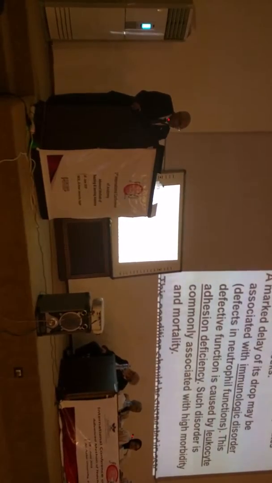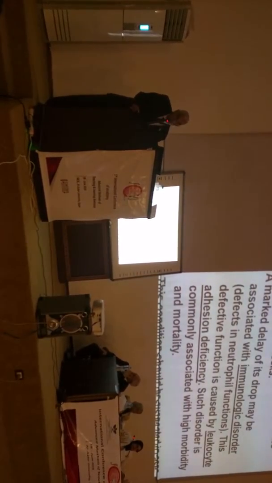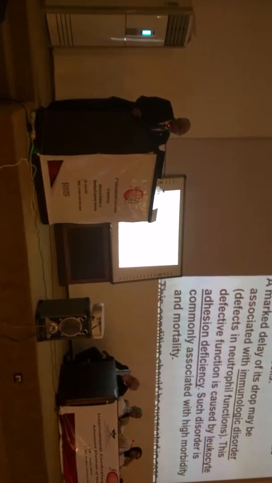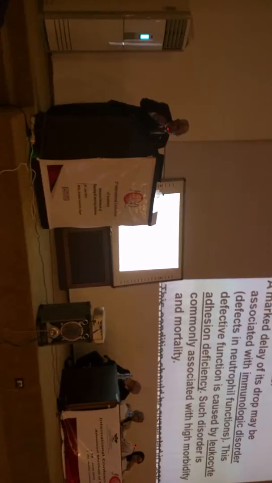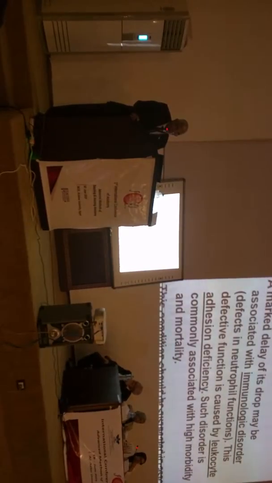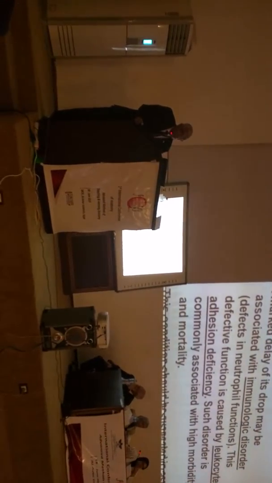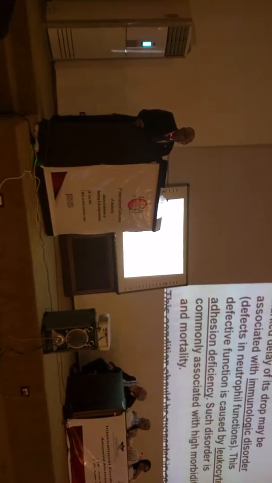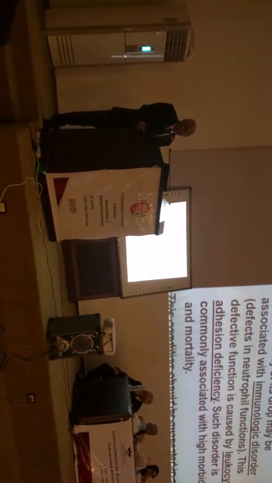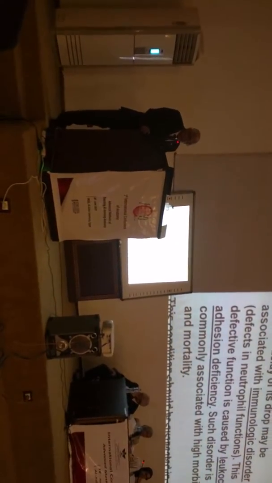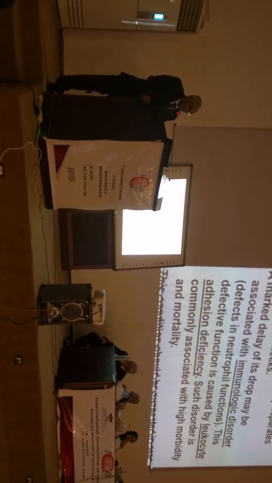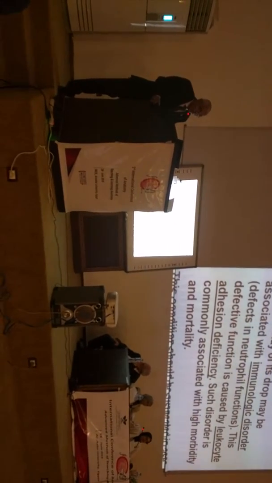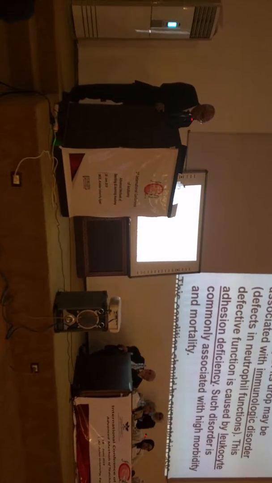The third is significant delay in separation of the cord. The umbilical cord separates between 1 week and 2 weeks after birth. Significant marked delay in the drop of the umbilical stump may indicate an immunological disorder.